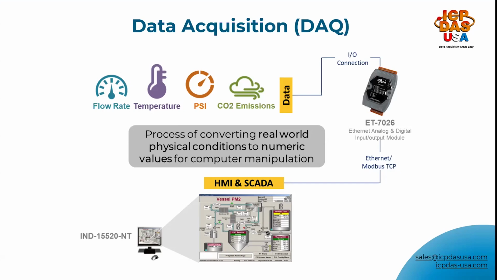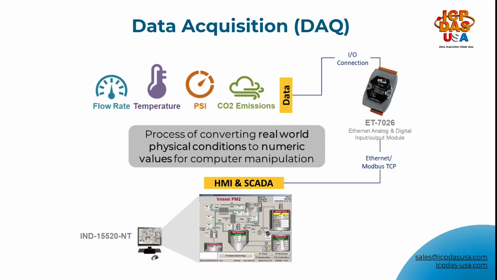This involves using sensors to measure physical properties like temperature, pressure, strain, or flow rate. These analog signals are then converted into digital signals using analog to digital converters. The digitized data can then be stored, analyzed, displayed, and used to control processes or make informed decisions.